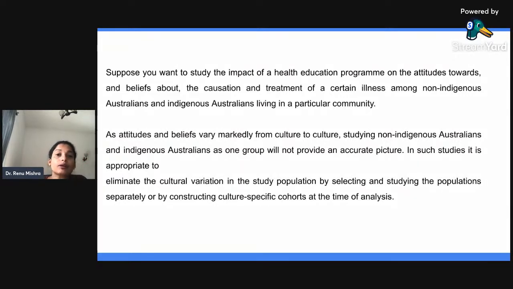If I want to compare, that will be right. I want to compare the perspective of CBSE students towards the education program and ICSE students towards the education program. That is right.